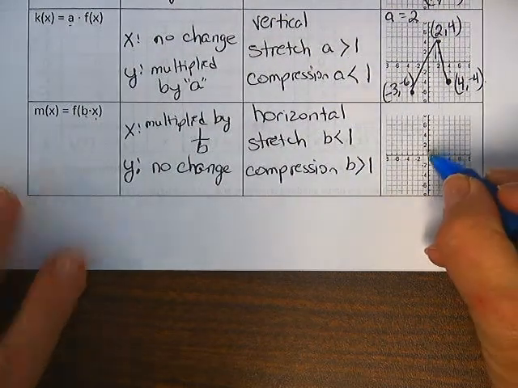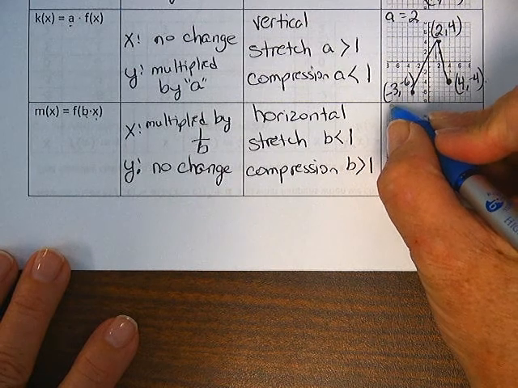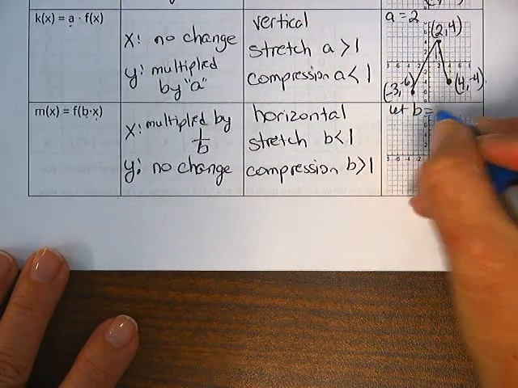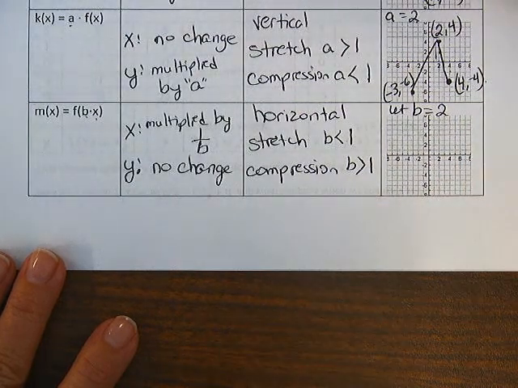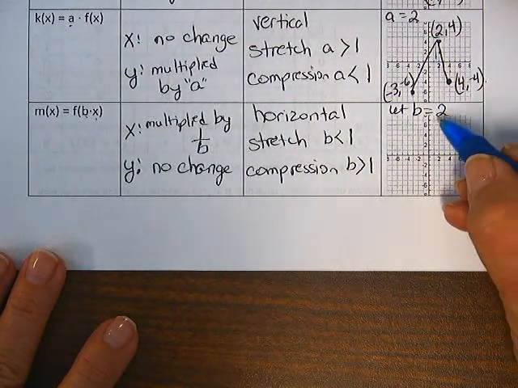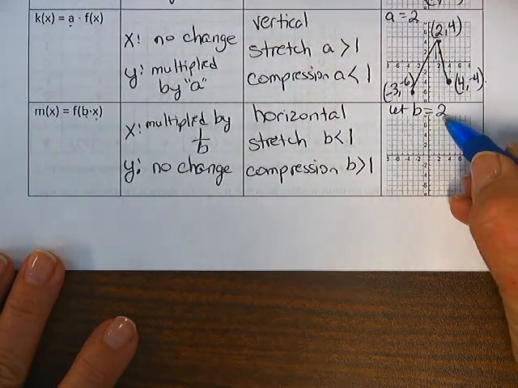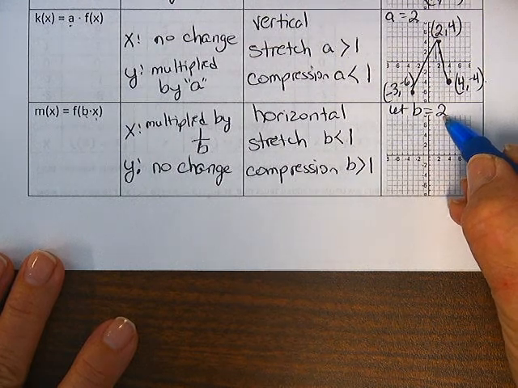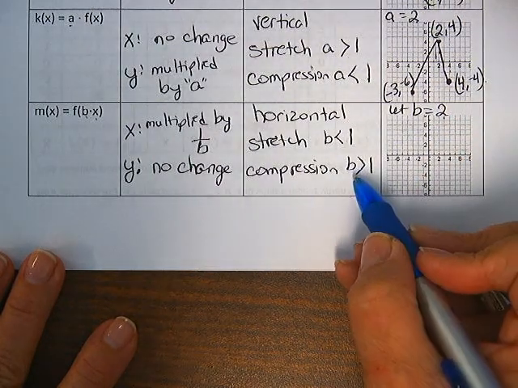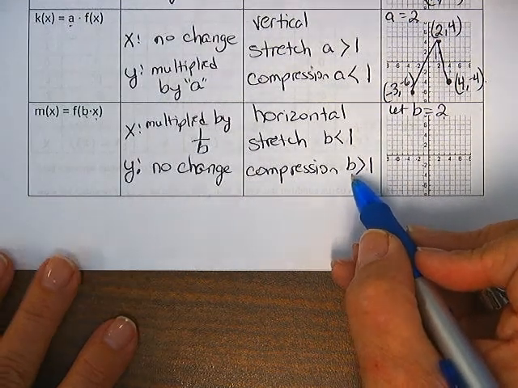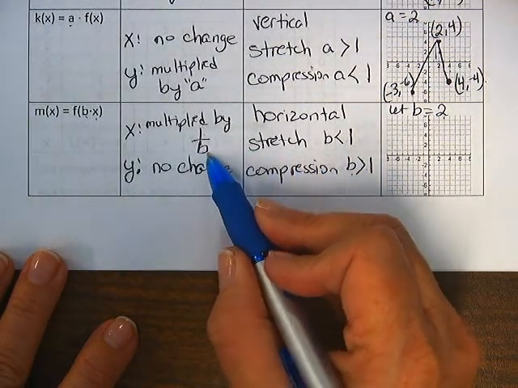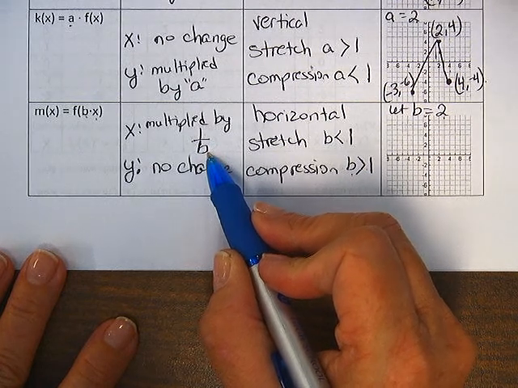Okay, so what happened to our points? Let's let b equal, how about 2? Okay, so our b value is 2. That means we're going to get a compression because b is greater than 1, and the value of the compression is going to be 1 over b, which is 1/2.